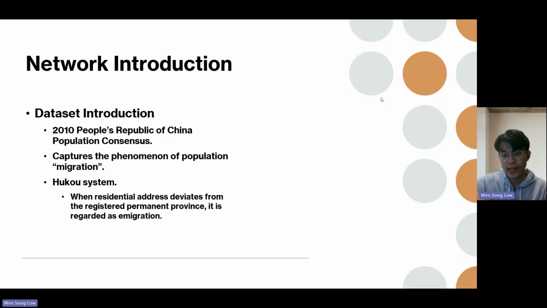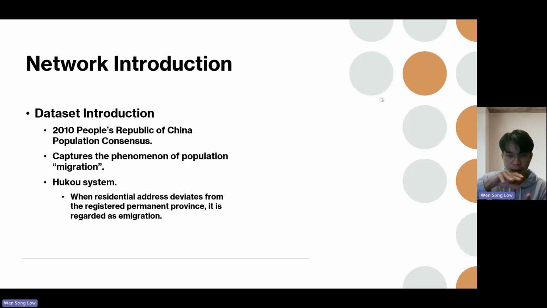Afterwards, when you move to another province, maybe with your parents or because you grow up and move, this deviation is called a separation of hukou. This allows us to understand the migration patterns of population in China.